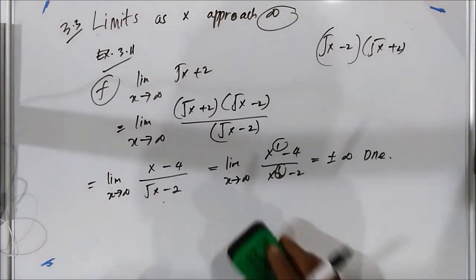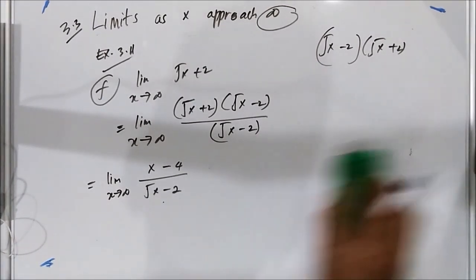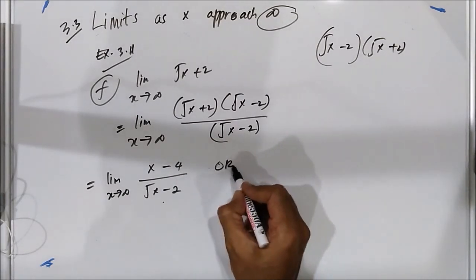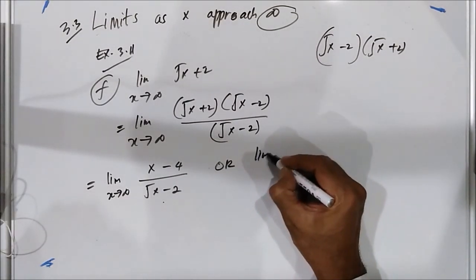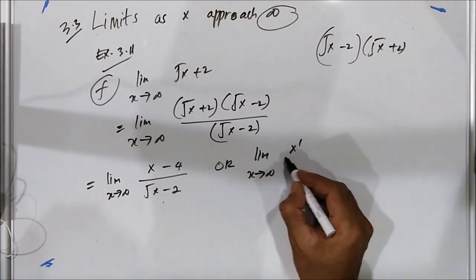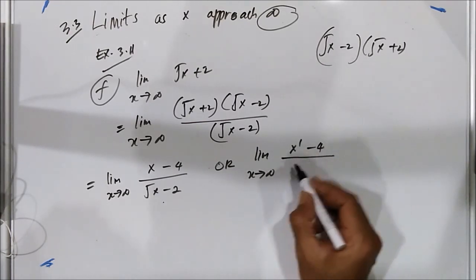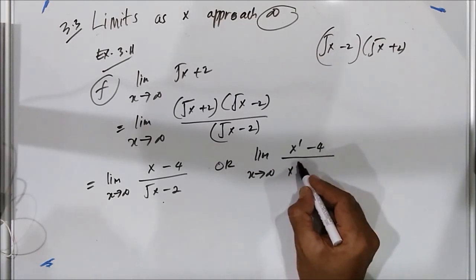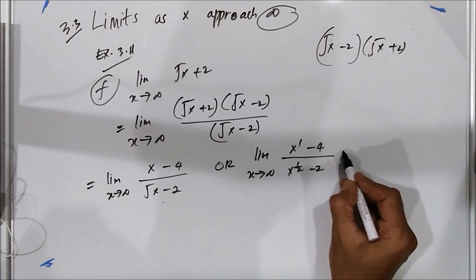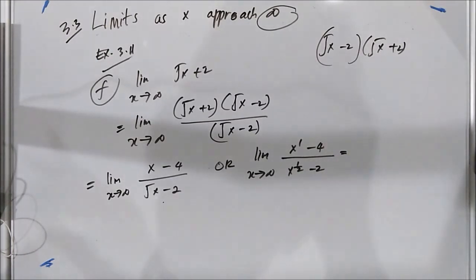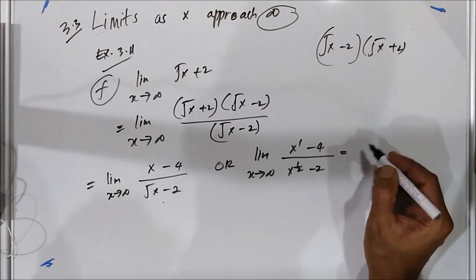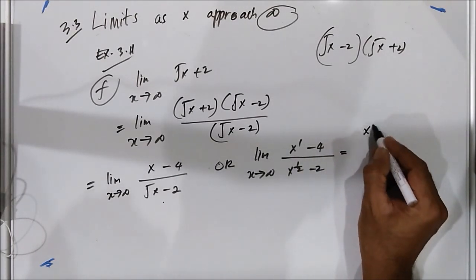Or you can solve it this way. The limit as x approaches infinity of x raised to 1 minus 4 over square root of x raised to half minus 2. The highest power here is 1, so we divide everything by x raised to 1.